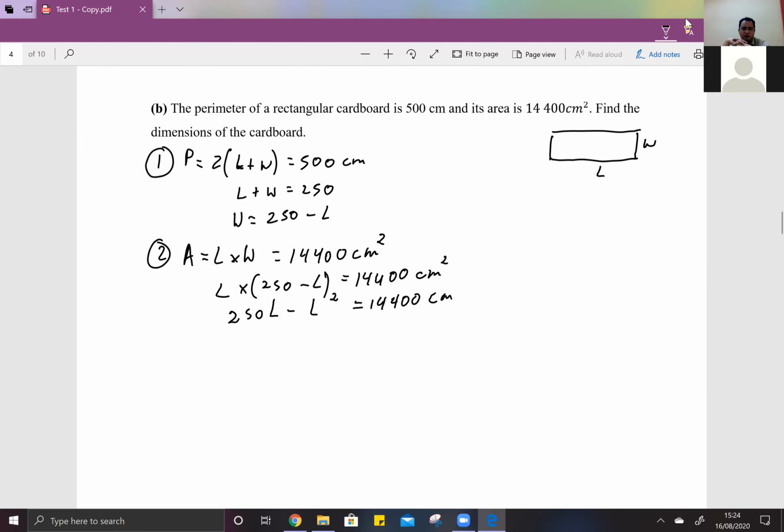Since L squared, no, you don't have to write units once you get the equation. Why is it so? We are changing this geometry equation into an algebra equation, that means a dimensional equation into a dimensionless one. Because L times W in the first equation, L is L centimeters, W is centimeters, right? In the first step, we are actually doing this mentally. We are canceling out those units because to solve this equation, we don't need them.